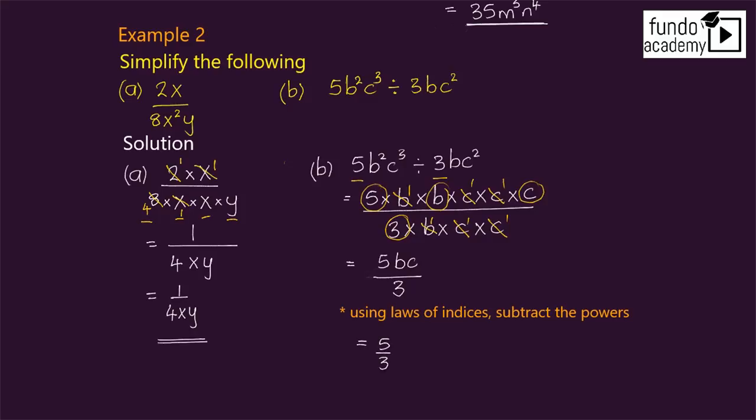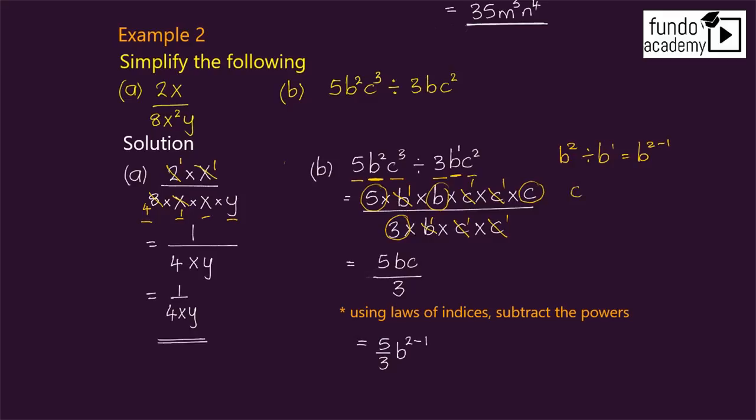We go on to the terms in b. So we have b squared divided by b, so b squared divided by b to the power of 1 is the same as b to the power of 2 minus 1. So this will give us b to the power of 2 minus 1. And the terms in c, we've got c cubed divided by c squared.